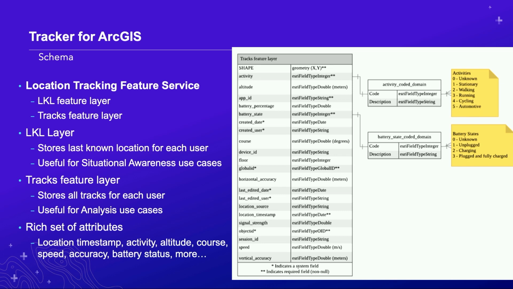You see the schema here too, right? So we have a rich set of attributes, including not just that timestamp or the activity mode, but we'll capture altitude, we'll capture the course or heading information, the speed at which someone is moving, the accuracy both horizontal and vertical, the battery status, and there's much more.